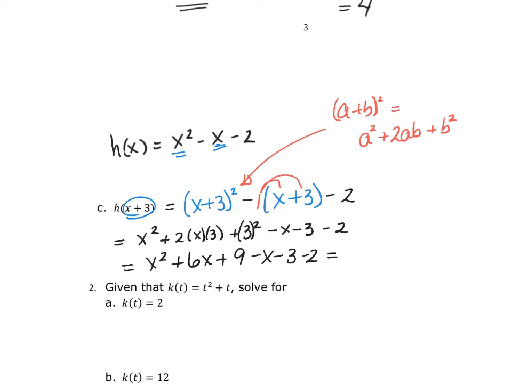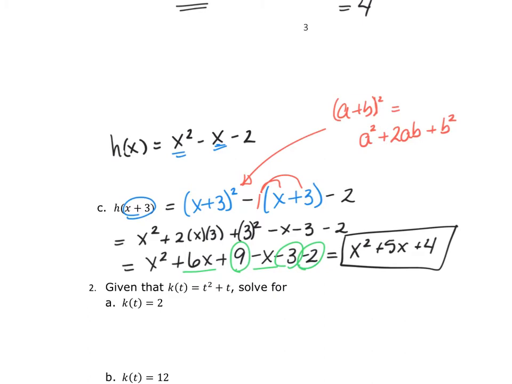Now I'm going to combine like terms. I only have one x squared, so that is x squared. But I have the 6x and this minus x that gives me positive 5x. And then I have the 9 minus 3 is 6, minus 2 more gives me positive 4. So this is my final answer.